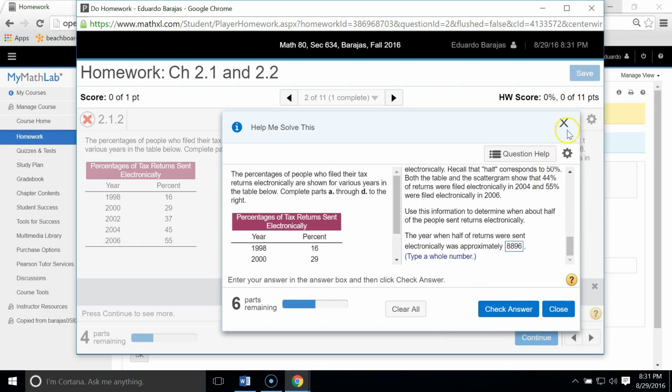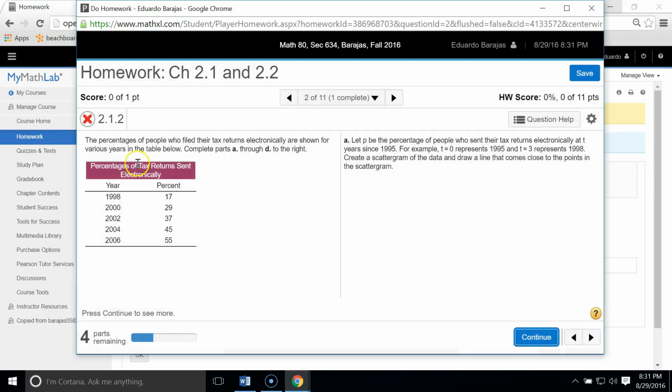Once you do all that, it marks it wrong because the computer answered it, not you, but it automatically gives you the opportunity to get a similar question, and then you can get full credit for it after you answer a different one. Okay, so that's one of the help aids.